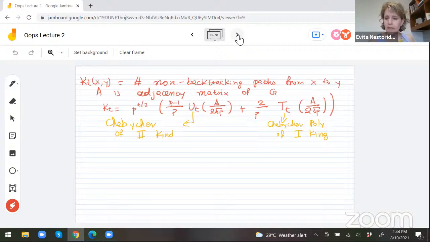I'm going to write it in a second just for completion. Okay, this is the adjacency matrix, as I said. This is exactly the term that we have, this is the bound from the Ramanujan graph. Okay, this is the restriction that we imposed. And these are just some extra terms.